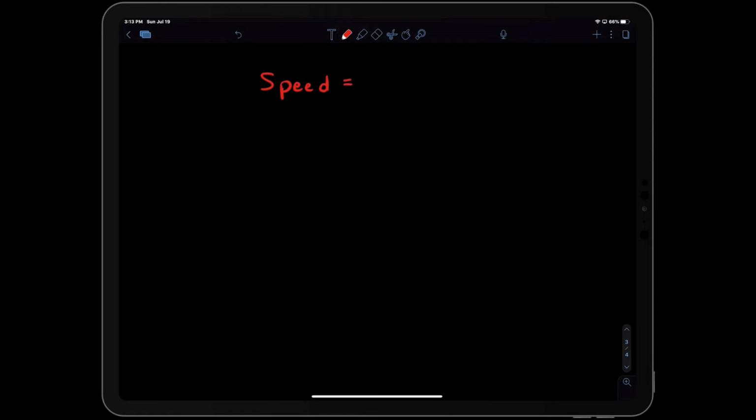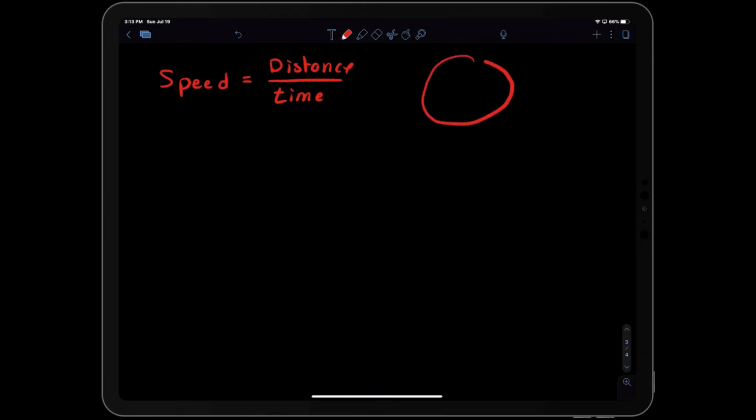We'll have speed equals distance divided by time. All right. We are going to have to rearrange this equation. I really want this in your formula sheet, by the way. But rearranging equations may not be your strong point. So what we can do is we can use a little helpful guide like this right here.